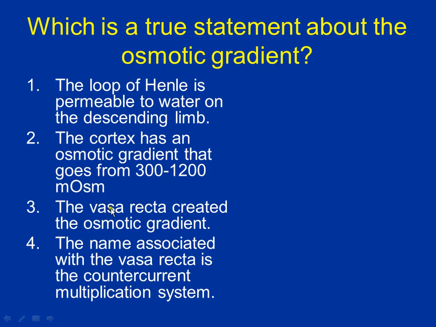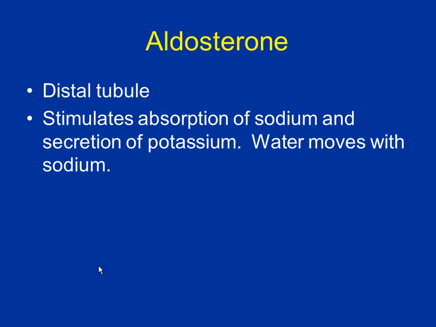It just maintains it. Number 4, the name associated with the vasa recta is the countercurrent multiplication system. It's the countercurrent exchange. Yeah, it's just a swap. So number 1 was the true answer. Okay, I would have been really confused on the test because I would have crossed all 4 of them out and went, uh-oh.